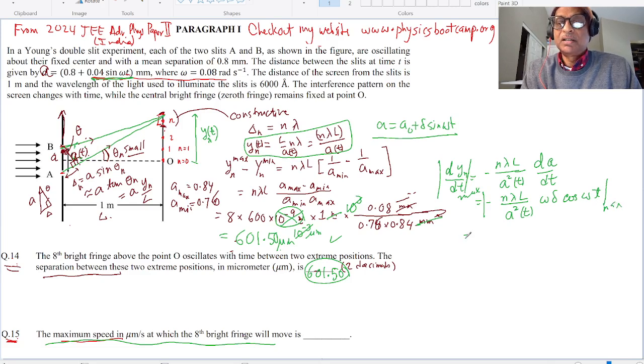So basically we got n lambda omega delta coming from there, and we have cosine omega t over (A0 plus delta sine omega t) squared.